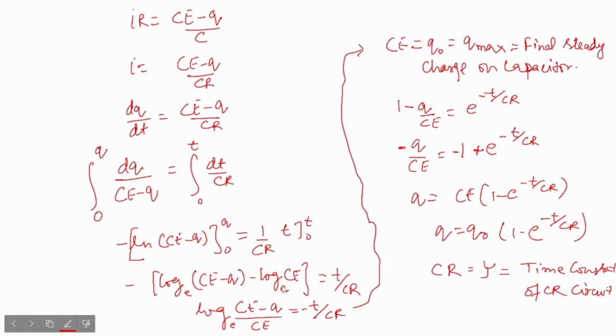Right, and if you draw a graph between q and t, it will be something like this. This is the value q on the y-axis, on the x-axis is t, and this value is a final steady value.